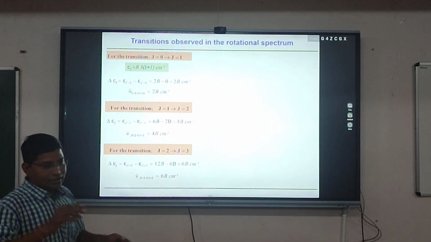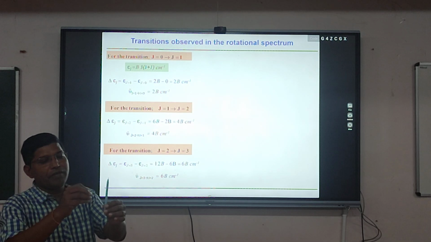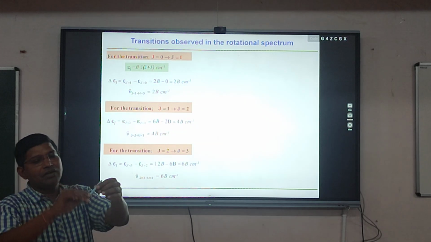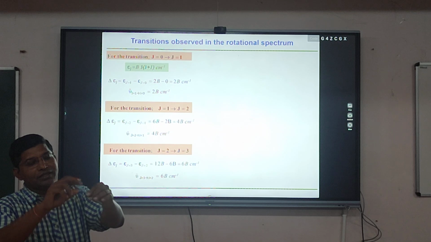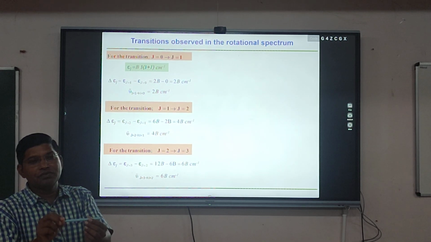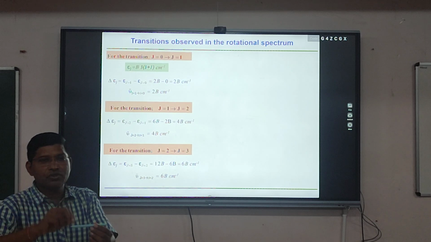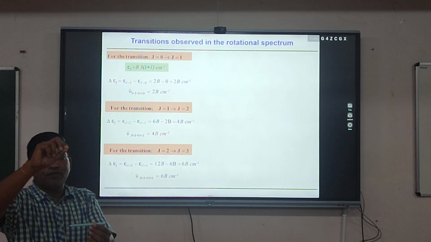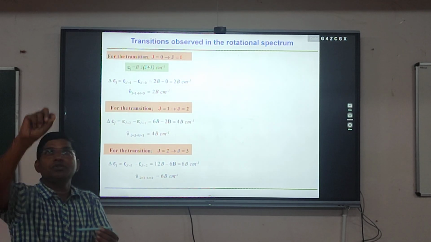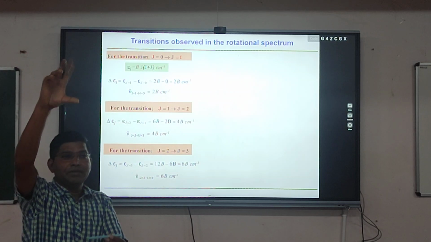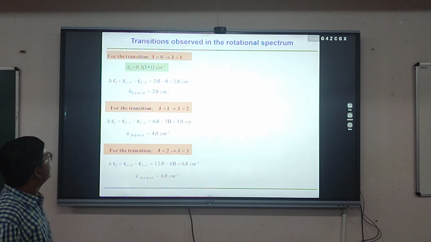When you give microwave radiation to the rotating molecules, what happens? The molecules which are in the J equal to 0 state go to the 1 state, and the 1 state goes to 2, then 2 to 3, based on the selection rule.